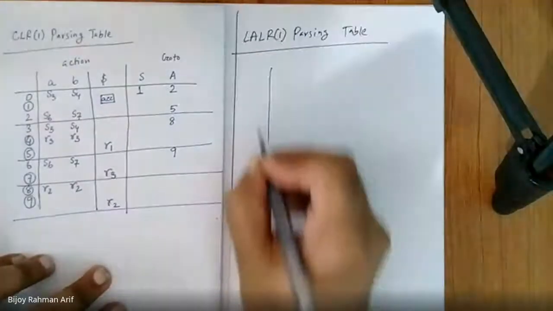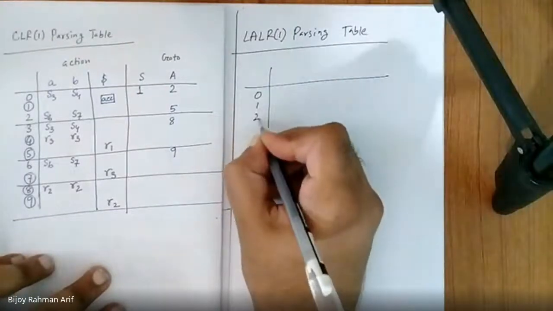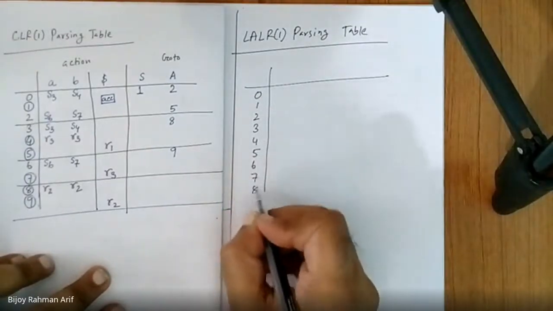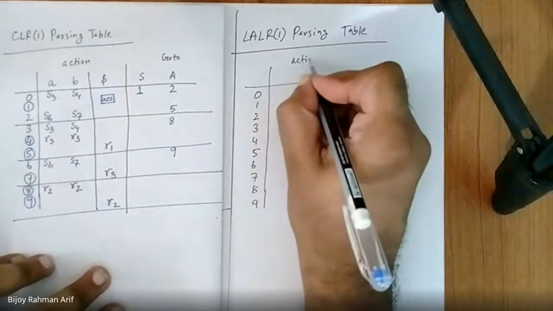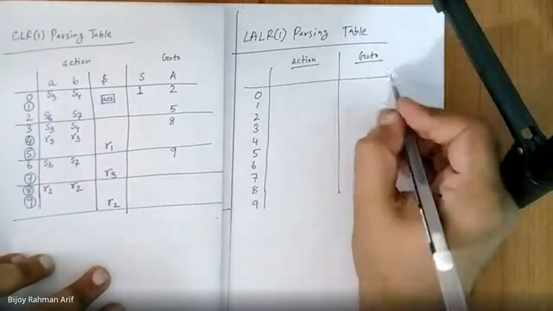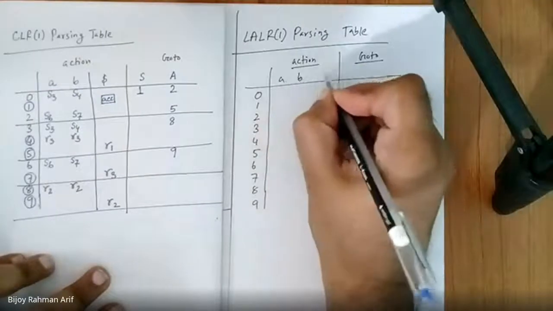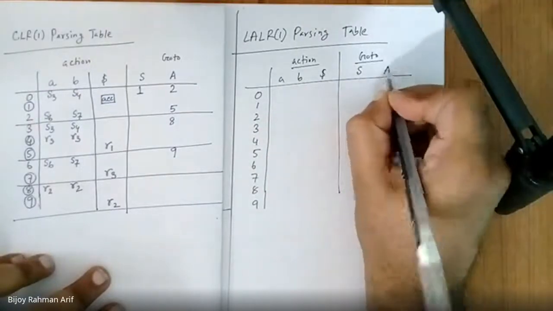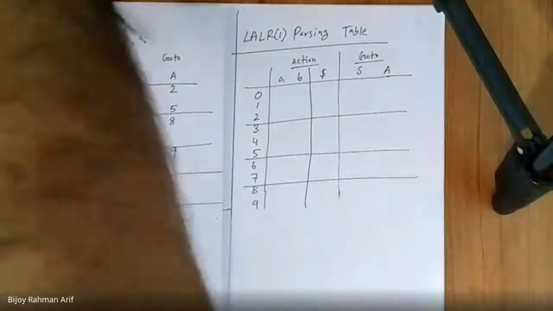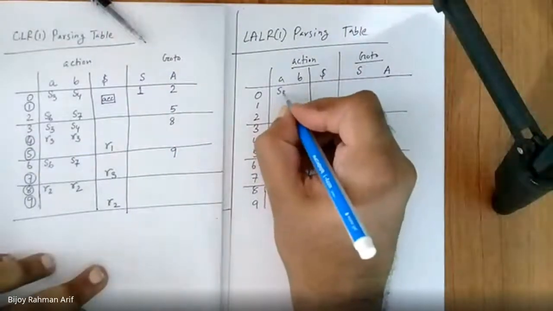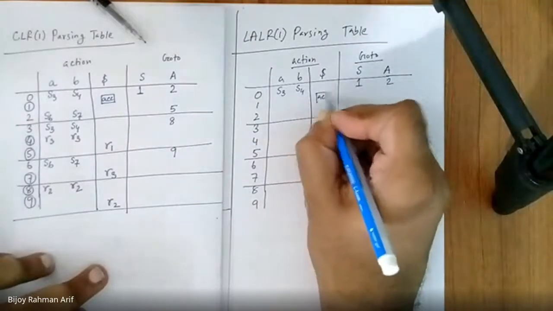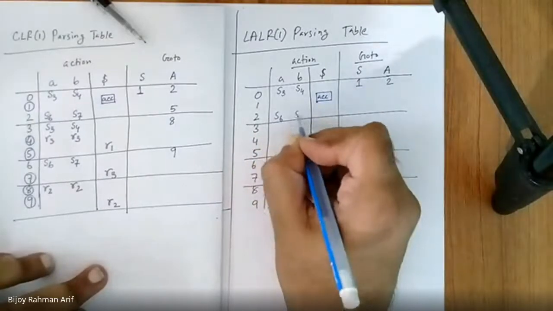We have states 0, 1, 2, 3, 4, 5. S3, S4, 1, 2, 6, S7, 5.